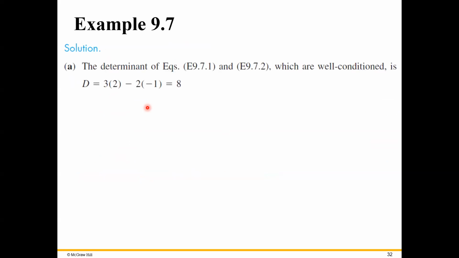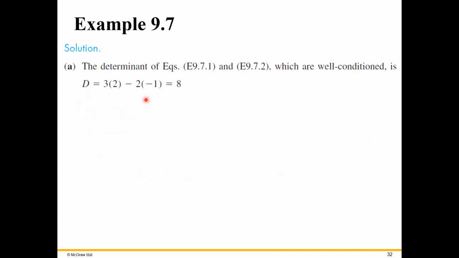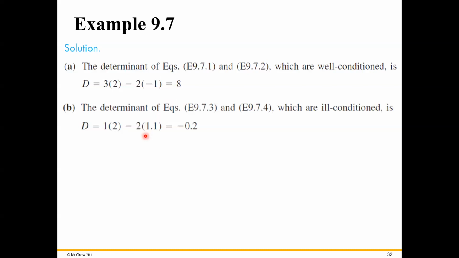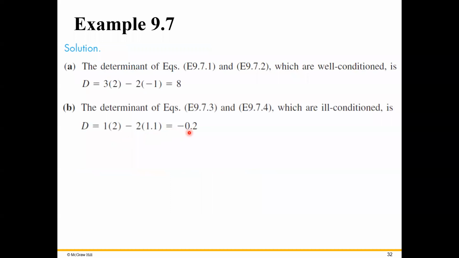In the first case, the determinant is 3 times 2 minus minus 1 times 2, so it will be 8. In the second case, the determinant is 1 times 2 minus 1.1 times 2, so it will be minus 0.2.